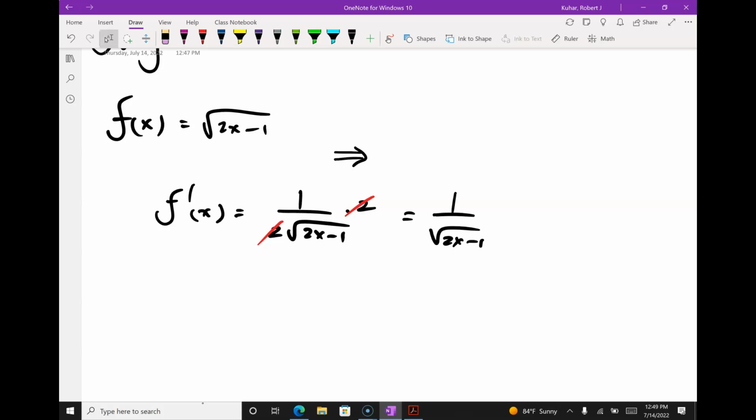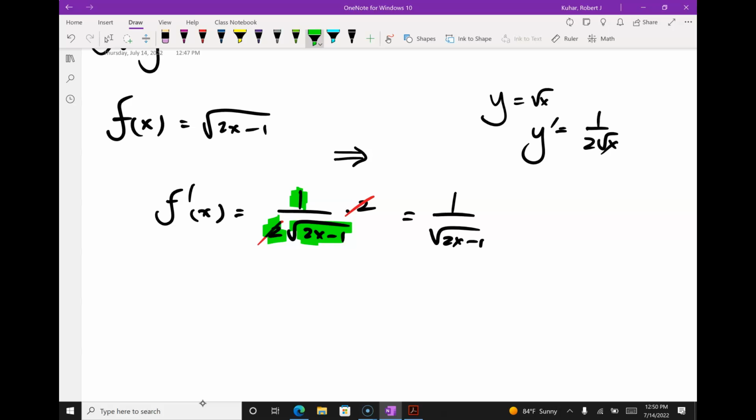Okay, don't write this. Remember how we said y equals square root of x, y prime is 1 over 2 square root of x? So notice I got the 1 over 2 square root of whatever was inside. We did that at the end of the day yesterday. I said the derivative will keep the shift.